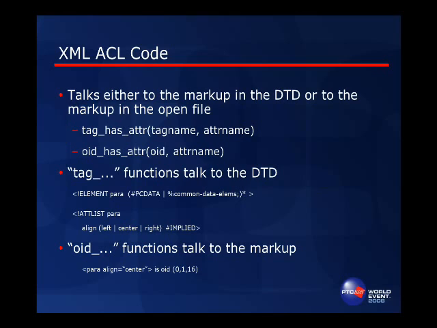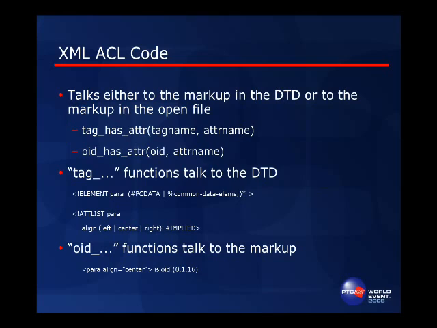So, for example, tag has attr is Boolean. It's either going to return true or false. So if you have, I just saw above, if tag name was xref and attr name was pub, because you saw that I actually was changing pub on xref, so tag has attr, xref comma pub would return true.